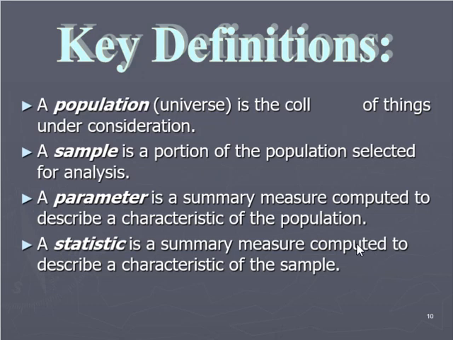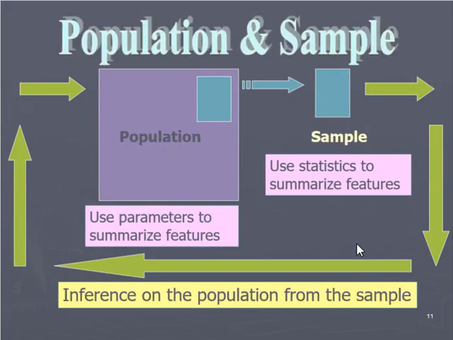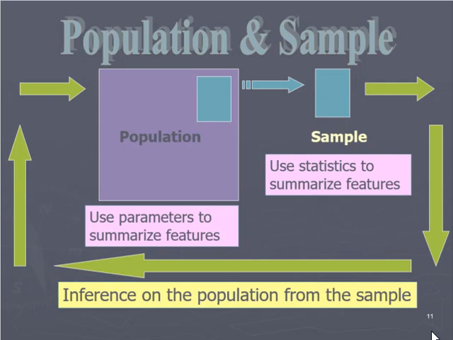Now if you want to look at the process, ganito yan. This is your population. A part of that is a sample. Using the parameters, kunyari, ano yung parameter mo? Kunyari yung gender nila, yung height, yung weight, di ba? You use statistics to summarize the features of this sample.